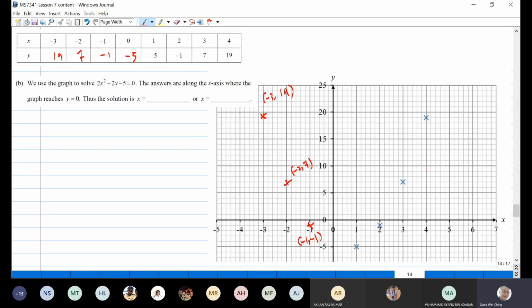When x equals 0, y is minus 5, so somewhere here.